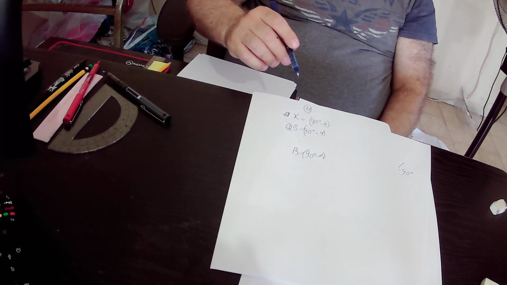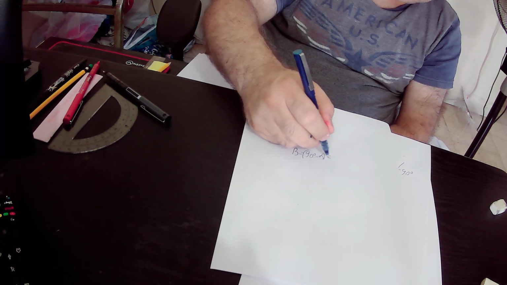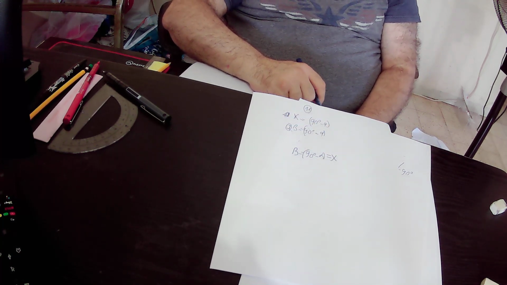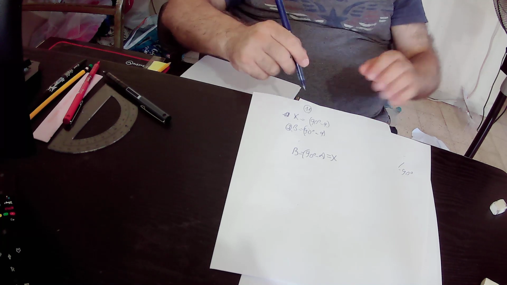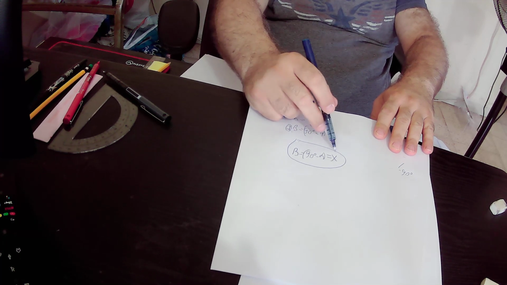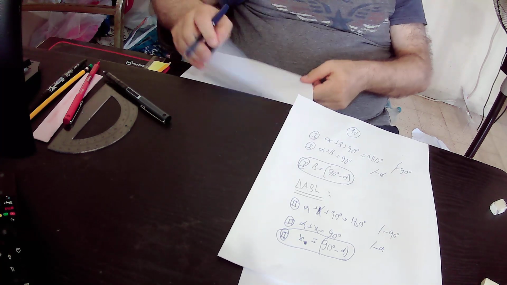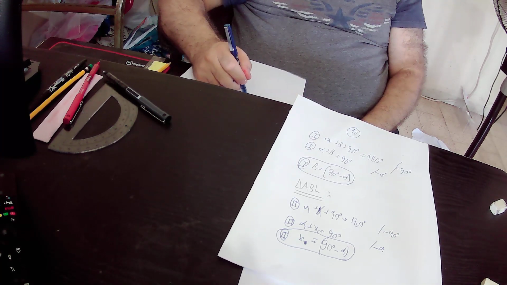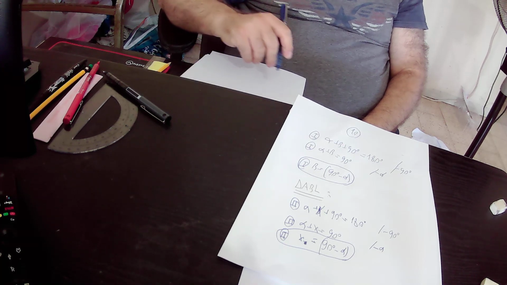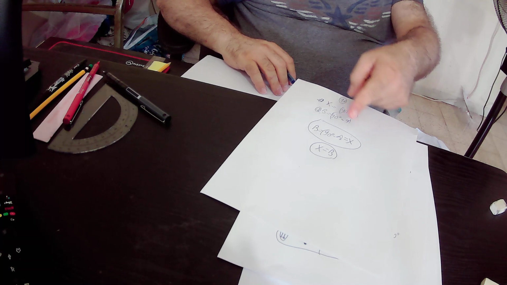So we can add in this equality that 90 degrees minus alpha equals x. So from this equality we can deduce that x equals beta. Okay, x equals beta.